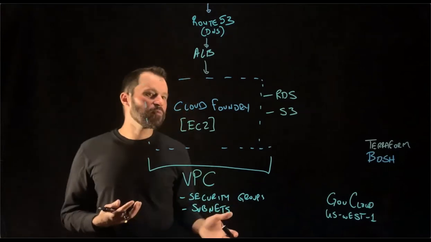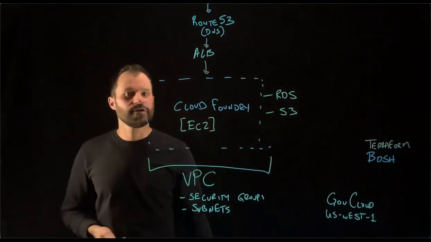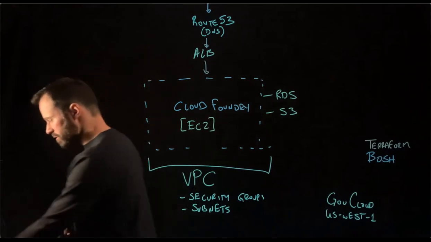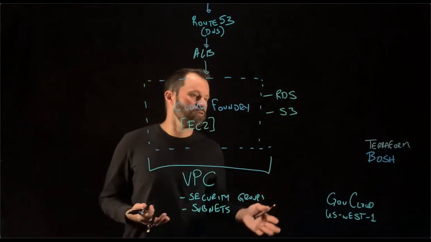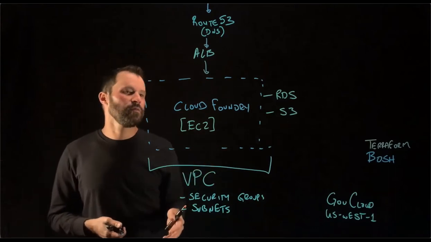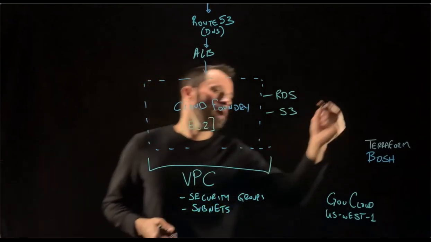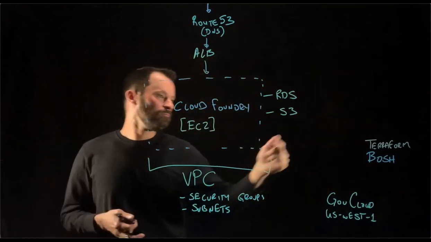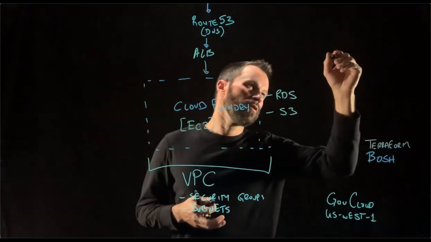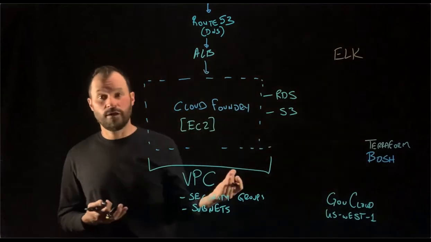Now, as operators, we need to have some visibility into this particular Cloud Foundry instance. And so we also deploy a fairly significant set of tools, typically, again, through either Bosh or Terraform, that give us visibility. And I'm not going to get into too much detail here, but I will highlight just a few. And so we deploy Elasticsearch, Logstash, and Kibana, or you may hear it called the Elk Stack.